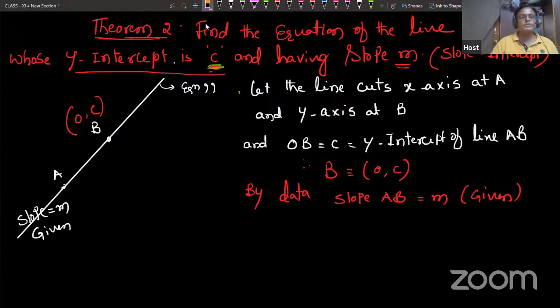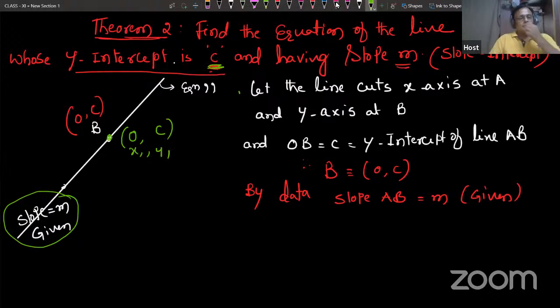Observe clearly, my dear students. Now, the line has slope m and a passing point B, which is (0, C). This will become (x1, y1). So that means one point and one slope are given. In the previous theorem, theorem number 1, we learned how to find the equation.